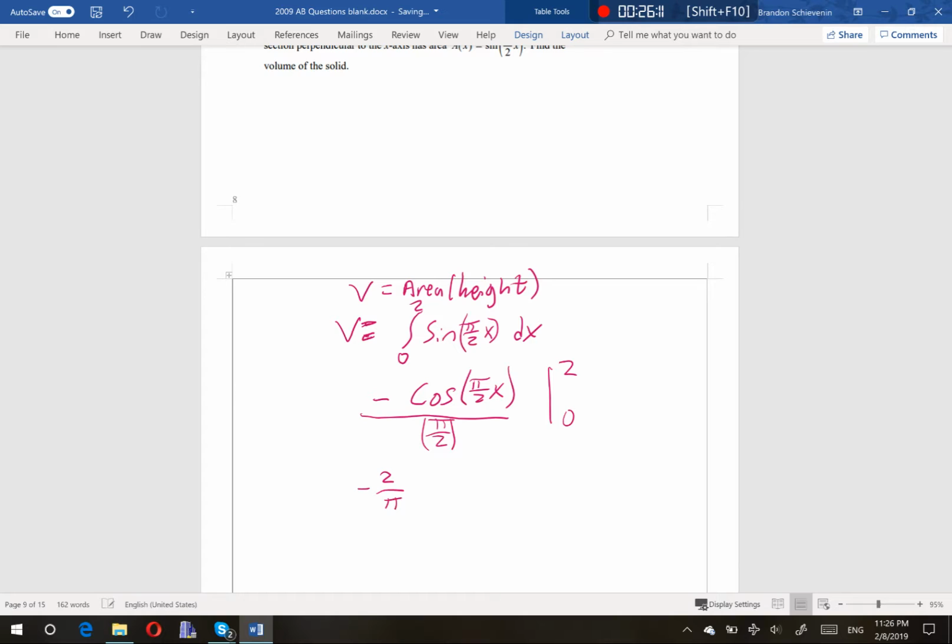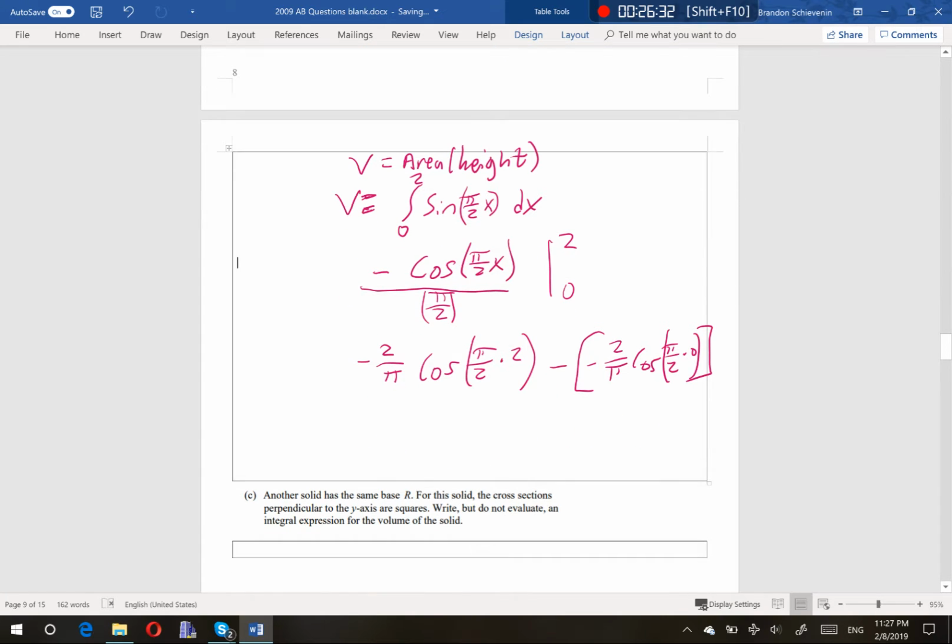negative 2 over pi times the cosine of pi over 2 times 2, minus negative 2 over pi times the cosine of pi over 2 times 0. Okay. What is the cosine of pi over 2 times 2? 2.